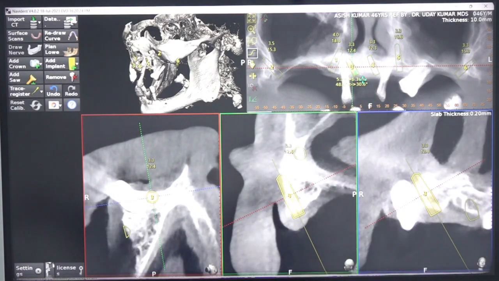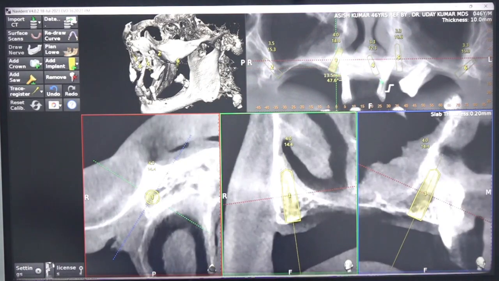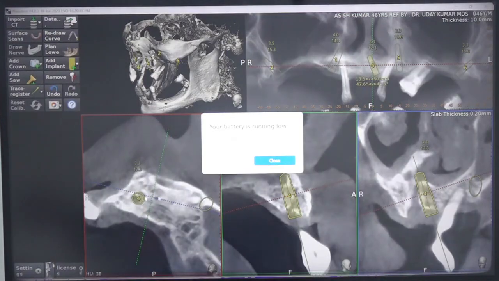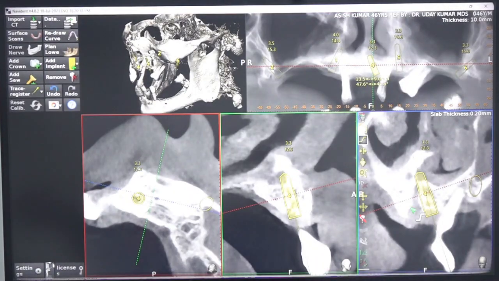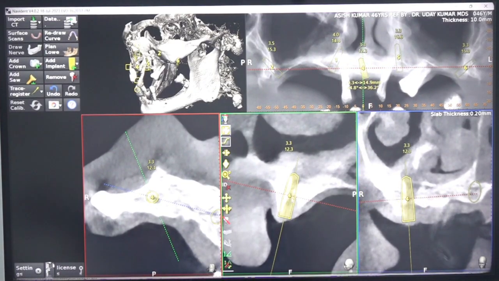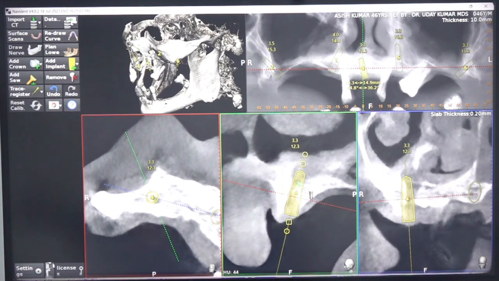So apart from this, there is one more option. Instead of placing 2 implants in front, place only 1 implant in the midline. That is also one idea. Just we will try the nasopalatine canal. Yeah, so the nasopalatine canal also, it is here.